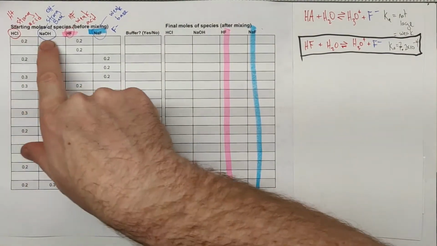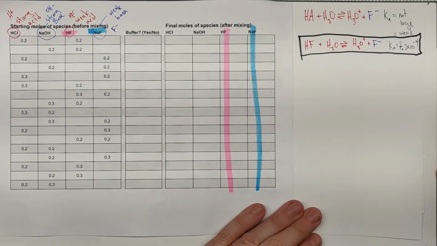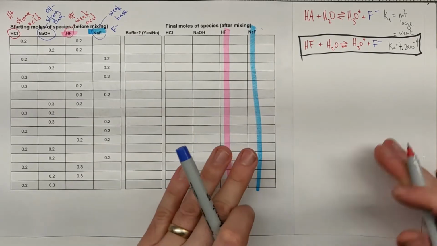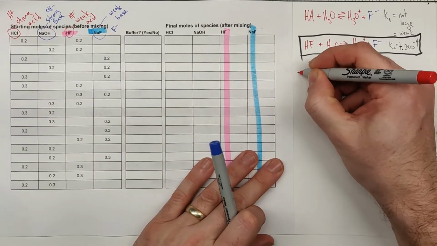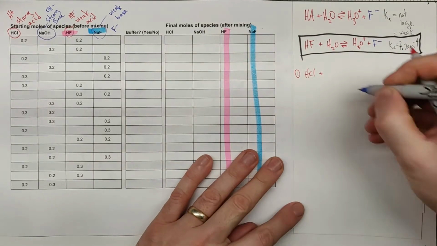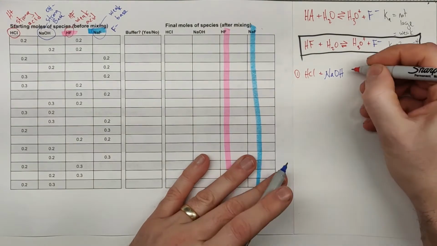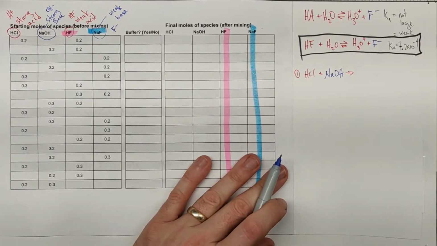We can try to have the HCl and the NaOH, and I'll list these out. And it's going to get a little awkward as I try and do my color coding. But our first option would be HCl plus NaOH. In this particular case, that's a strong acid and a strong base. We're expecting a neutral solution.